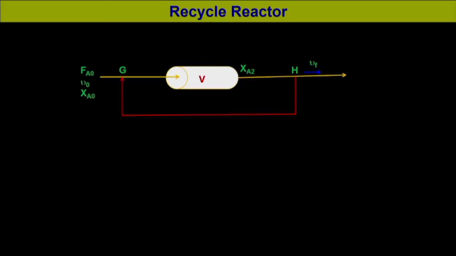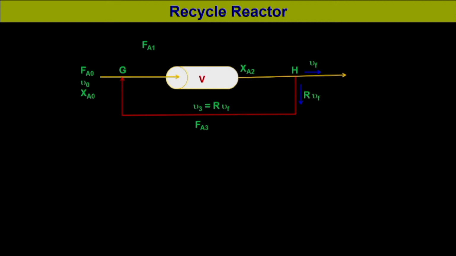Now, when part of this material is recycled, the volumetric flow rate coming out is Vf. The material which is recycled back is R Vf, part of the total flow coming out. So V3 in this stream would be equal to R Vf, and its molar flow rate is Fa3.